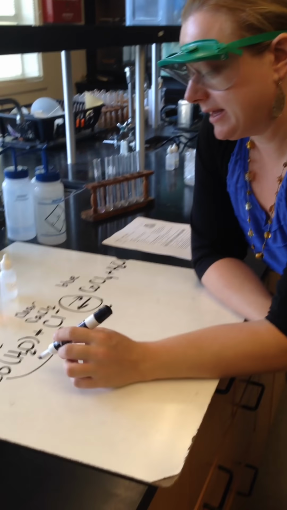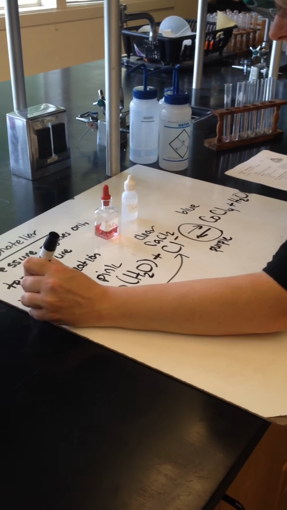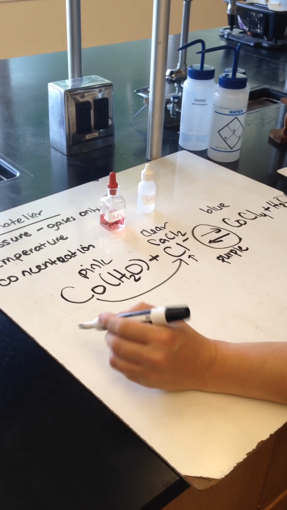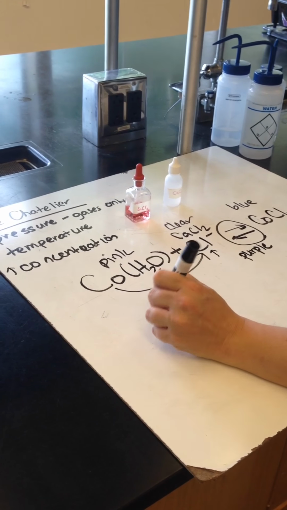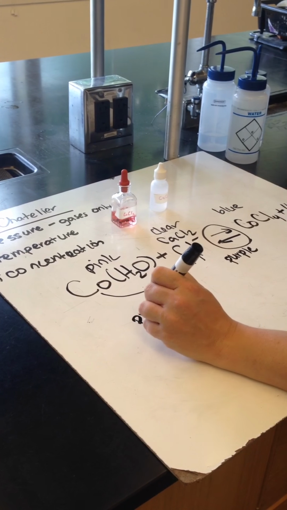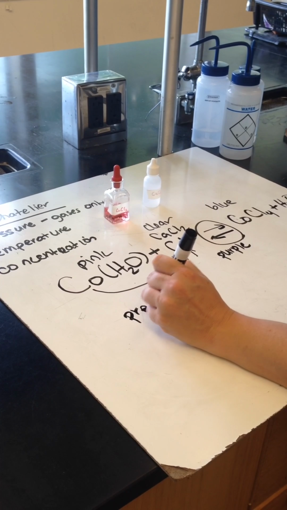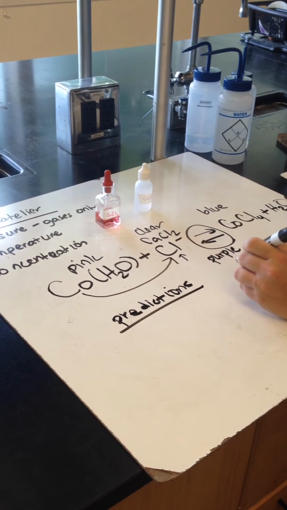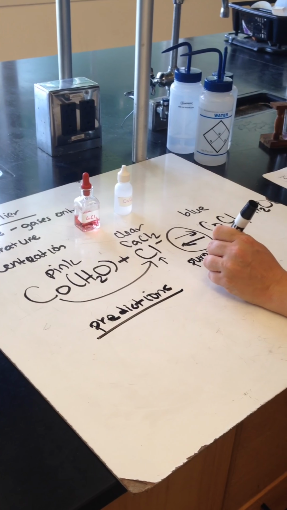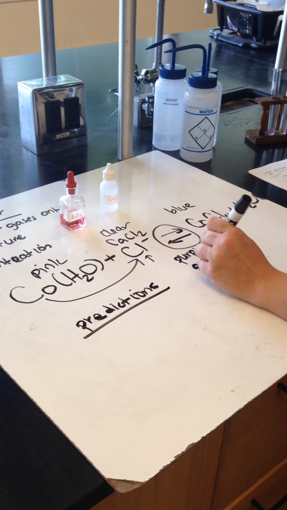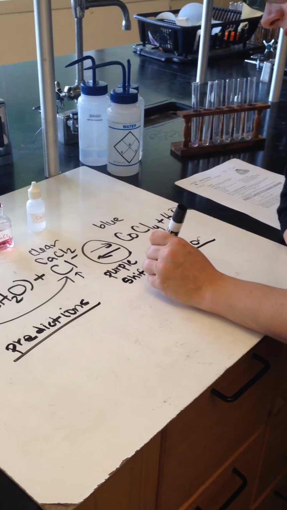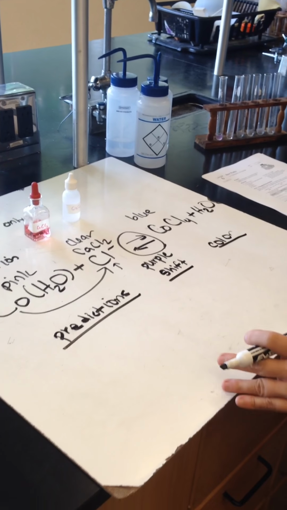So what's going to happen if we increase the concentration of chlorine? Here, let's do a little prediction. Let's make some predictions about what you think is going to happen. Which way will it shift and what color will we see?